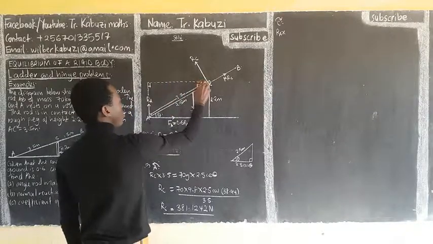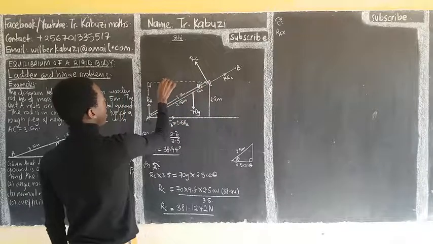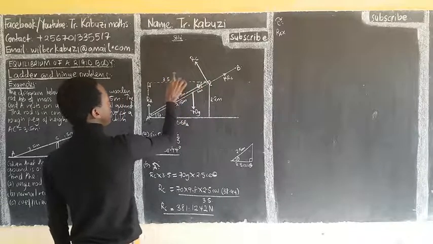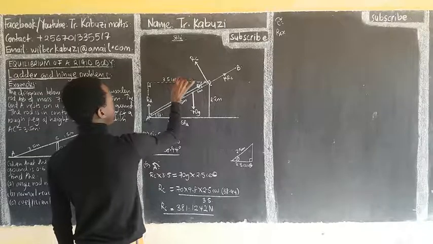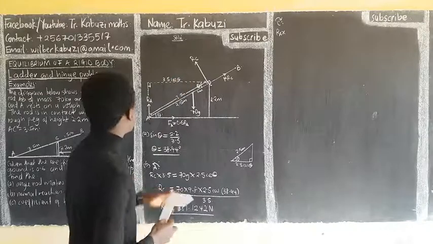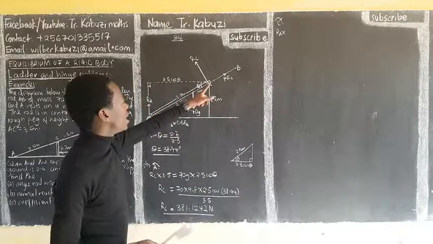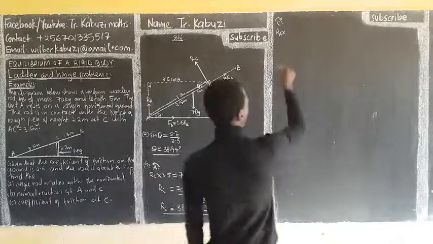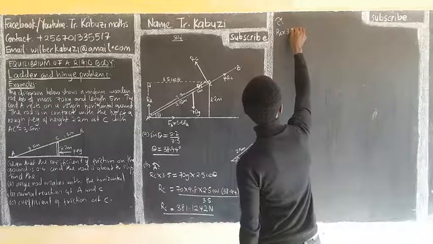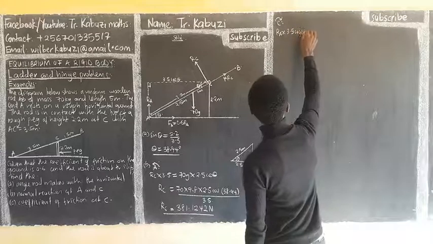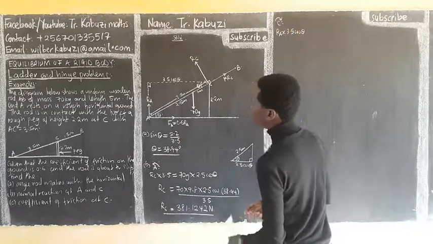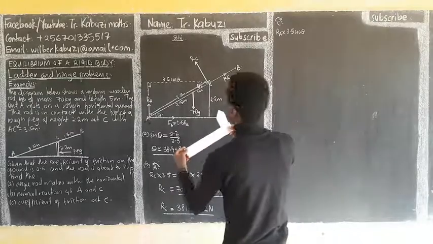Adjacent to this angle is 3.5 cos theta. Simple as that. This is a vertical force, so its perpendicular distance has to be horizontal. So that is 3.5 cos theta. I think that's the only clockwise force I have.